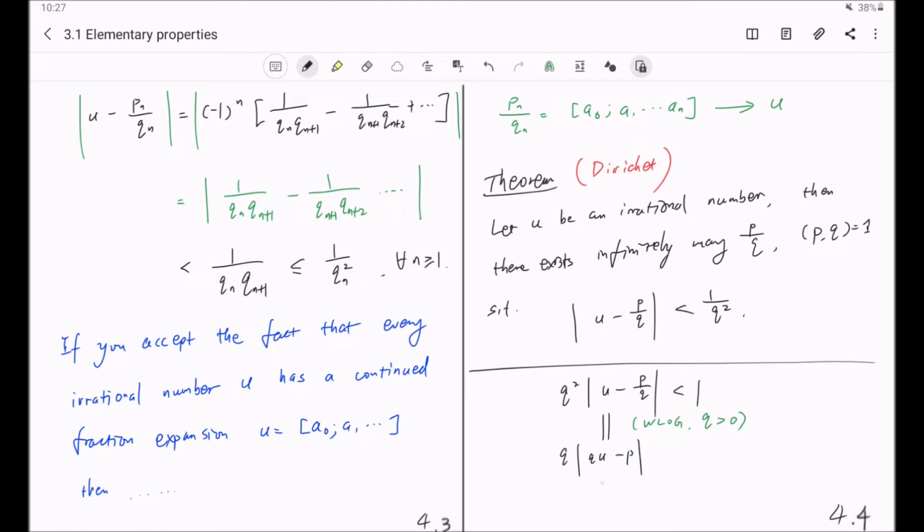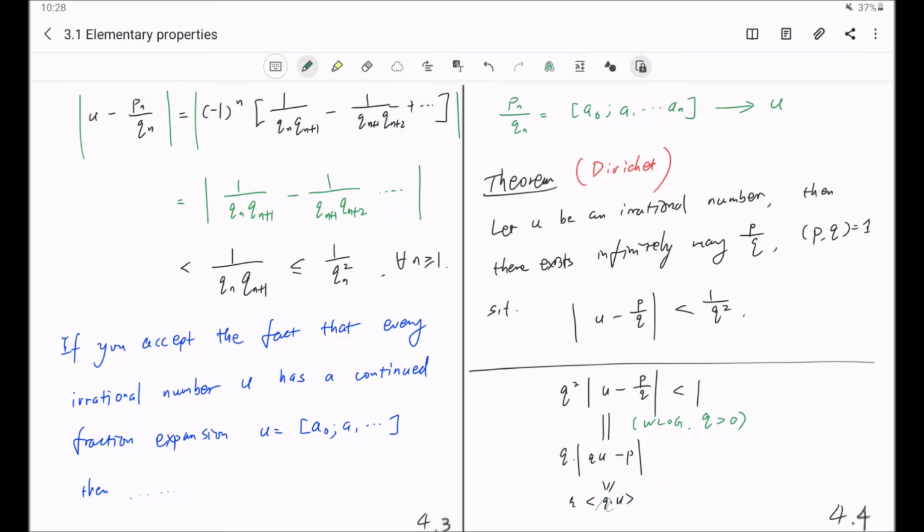This guy is bounded below by q times the decimal part of q times u, because p here is an integer. So this absolute value is always greater or equal to the decimal part of q times u.